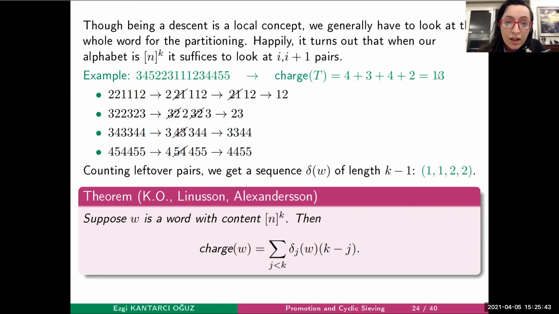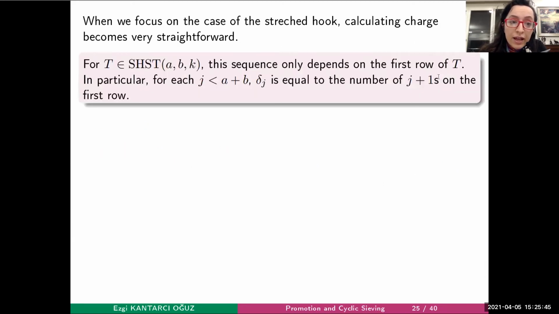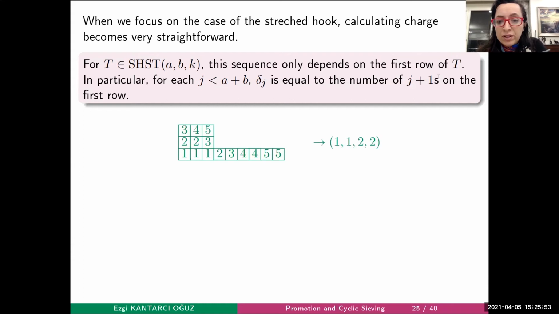But it turns out in our case, it is even more straightforward because we do not have to look at the whole Tableau to get the sequence. For stretched hooks, you can just look at the first row. So you look at the first row, and the number of 2s is going to be your first entry.